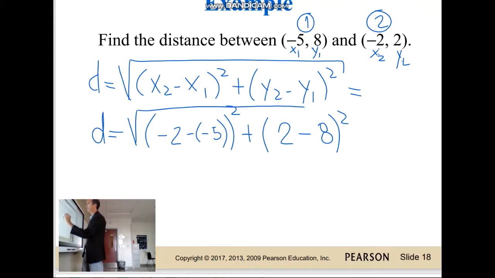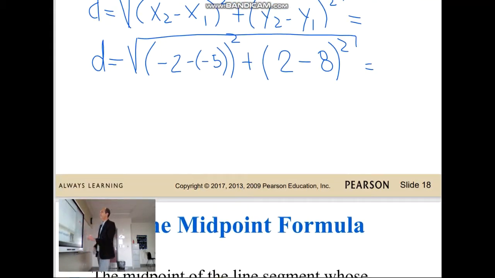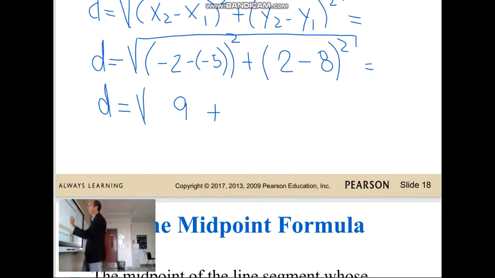Okay? Distance equals square root of negative 2 minus negative 5 is plus 5, negative 2 plus 5 is 3, 3 squared is 9, plus 2 minus 8, negative 6 squared, 36, right?